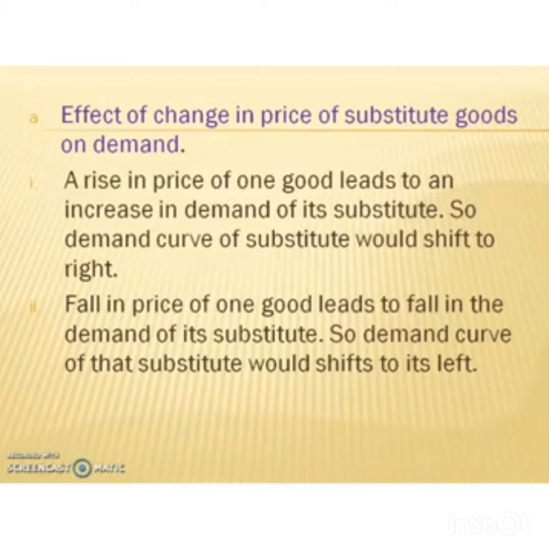For example, a fall in the price of coffee leads to a fall in demand for tea. This is because as the price of coffee falls, its demand rises, causing a fall in demand for tea. That means the consumer will buy more coffee because its price has decreased. So the demand curve of tea would shift to its left.